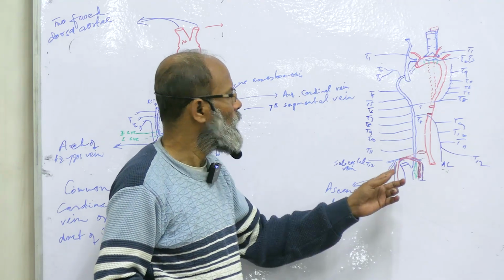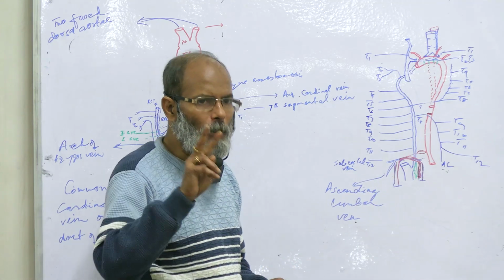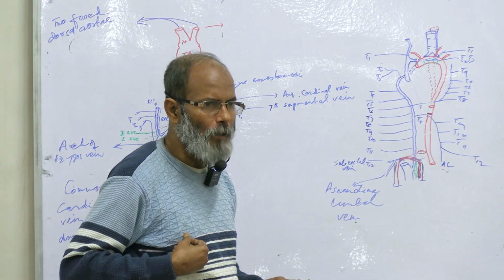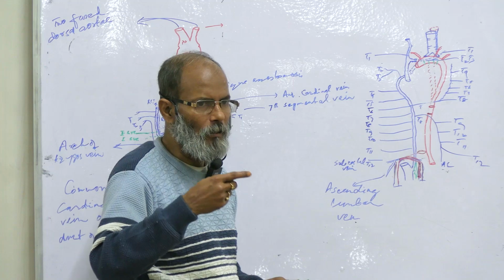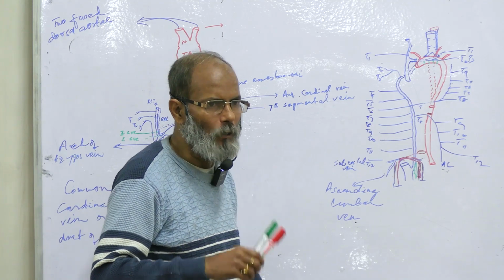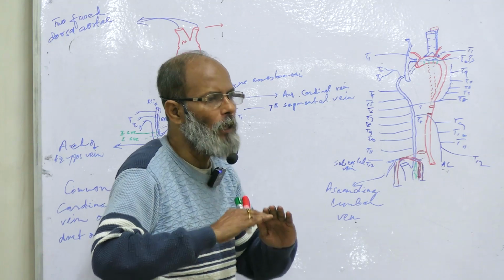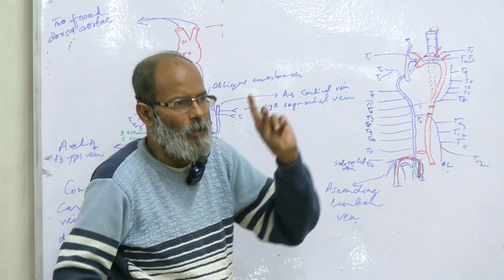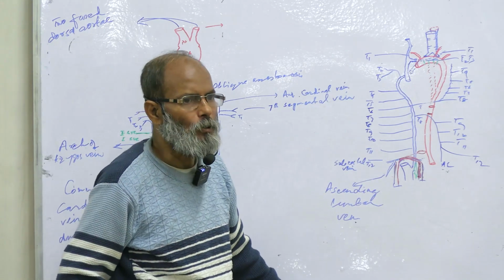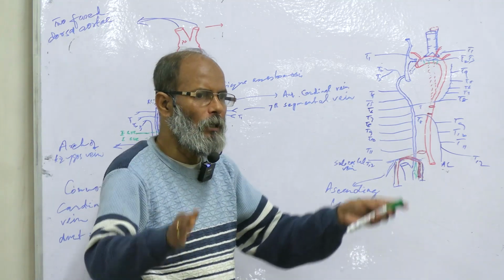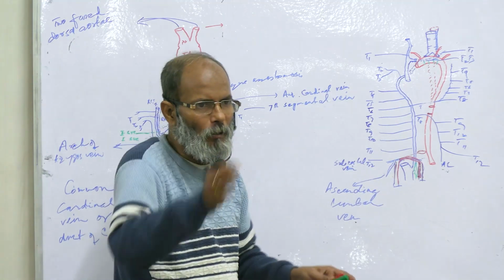In case of diaphragm also, there are two handles connected to the posterior abdominal wall. That is on the right side L1, L2, L3, on the left side L1 and L2. All right. And all the fibers come like this from T7 to T12 ribs. All the fibers convert to form a dome.